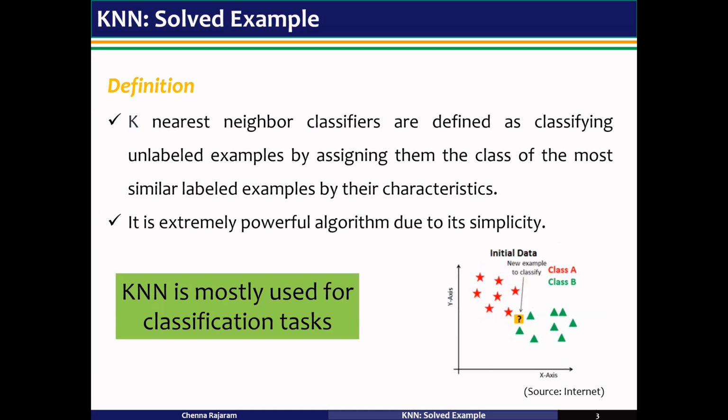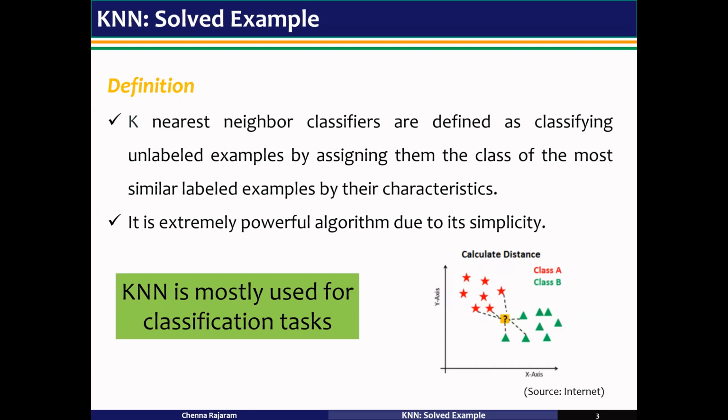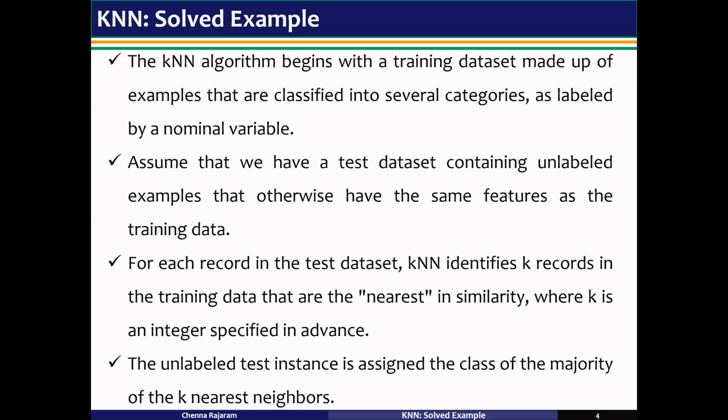K is a parameter that refers to the number of nearest neighbors to include in the majority voting process. The algorithm begins with the training dataset made up of examples that are classified into several categories as labeled by a nominal variable. Assume that we have a test dataset containing unlabeled examples that otherwise have the same features as the training data.